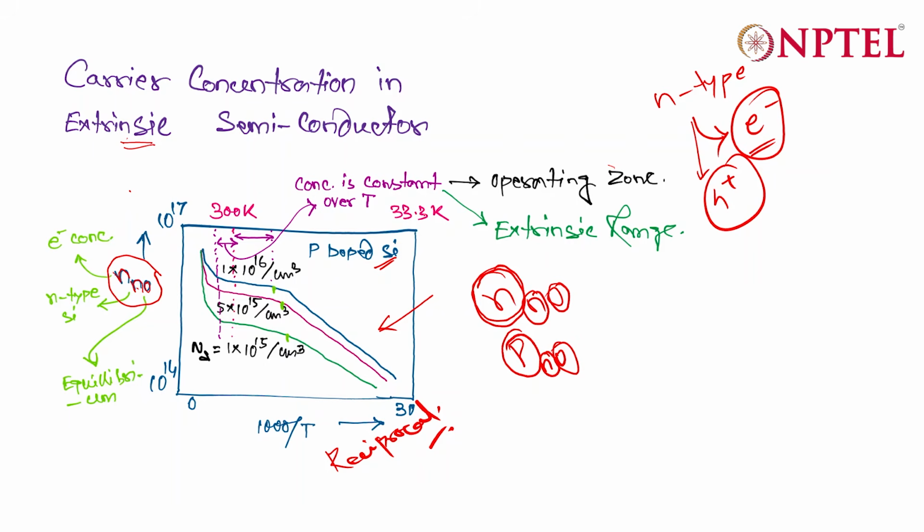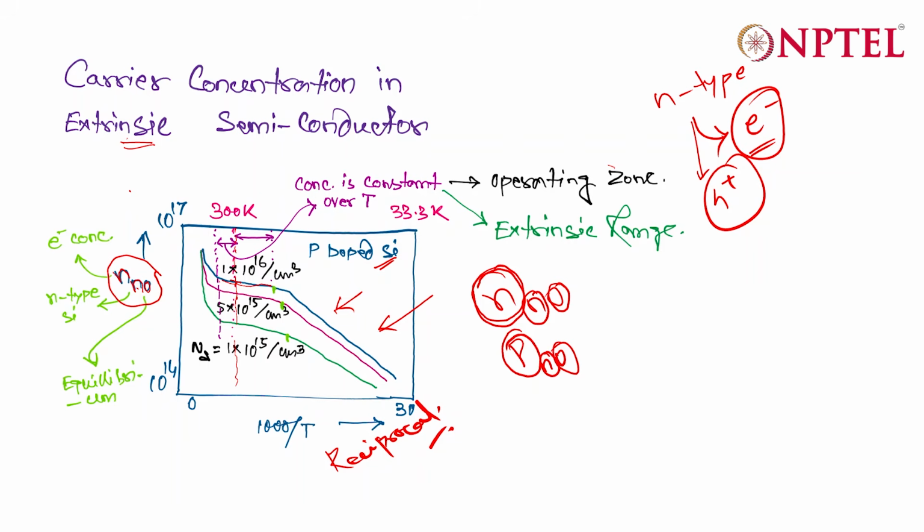So if you see the trend or the plot, you can understand that the entire range has an area where the concentration is more or less constant, say here, right? And if you see the room temperature, at room temperature the concentration of the majority carrier depends on the concentration of impurity that you put inside the material.